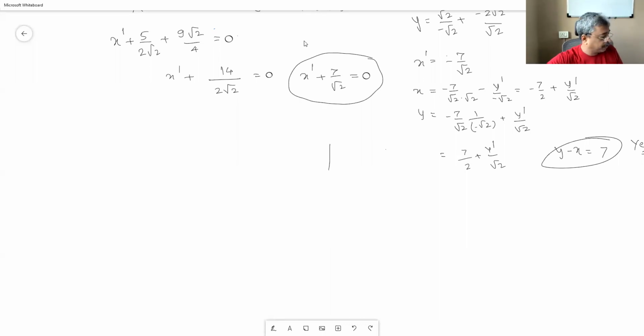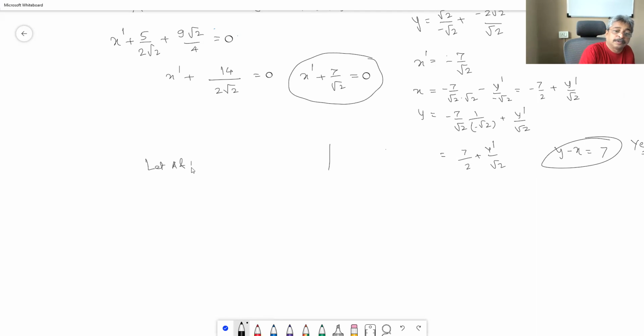A and B, two distinct points. Let A and B be two distinct points on the parabola y square is equal to 4x.